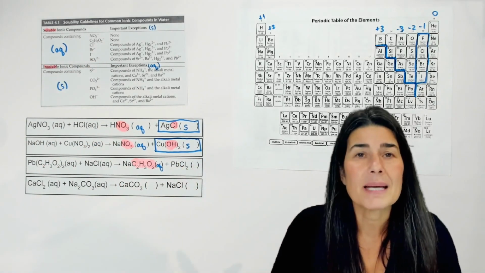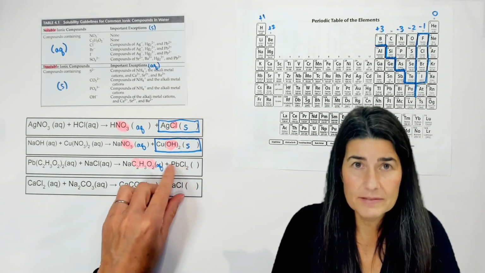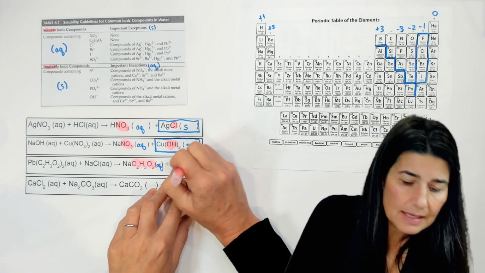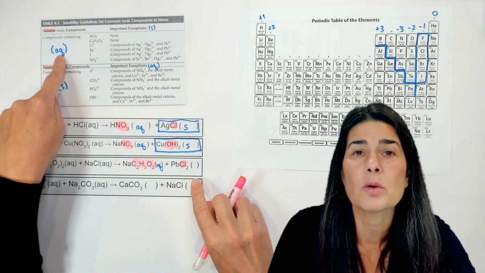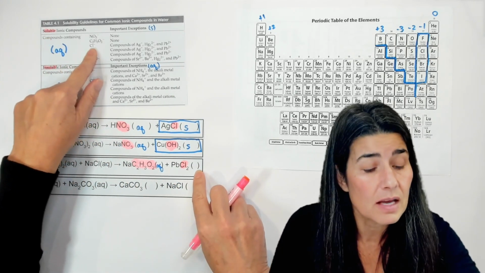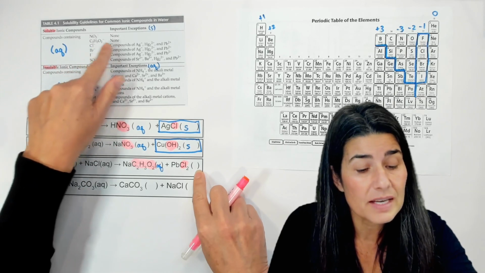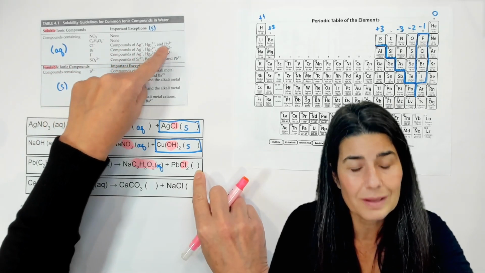Then I look at my second compound. The anion of my second compound, the negative second part here, is Cl. I find Cl. Cl is in the aqueous section. I would write AQ, but I better check for exceptions. Cl is going to be aqueous, except if it's with silver. No. Mercury? No. Lead?